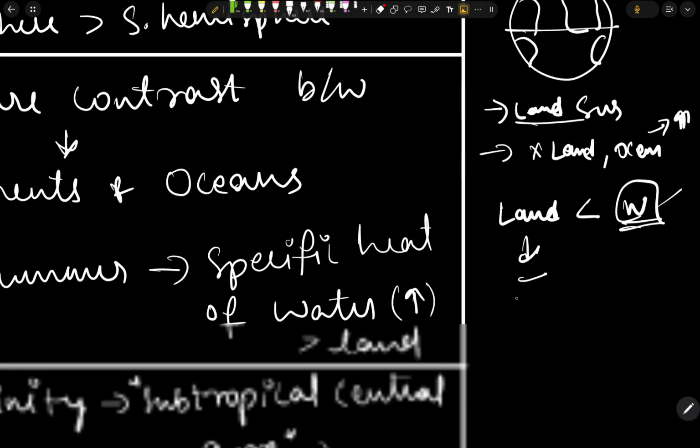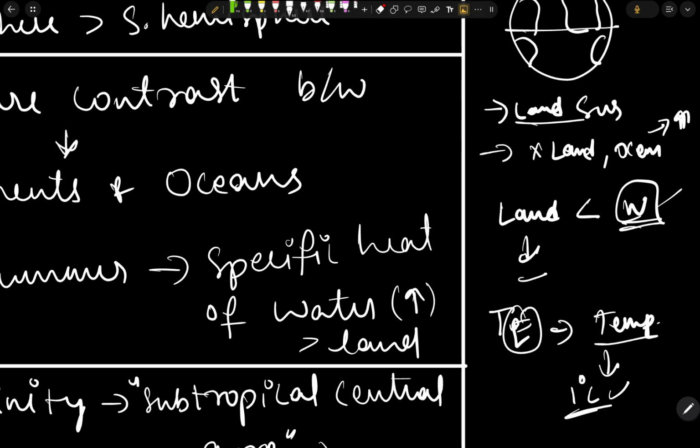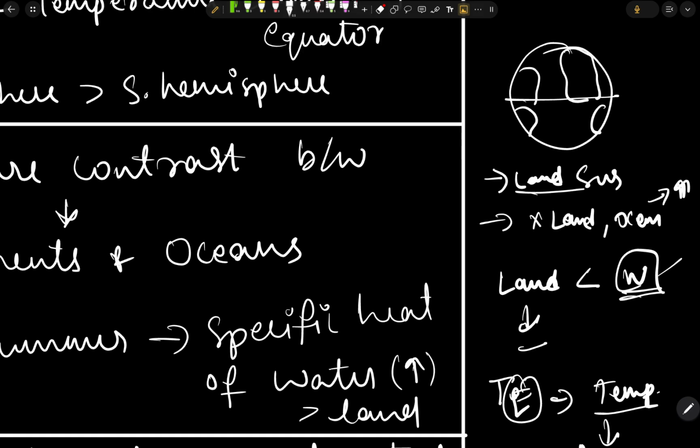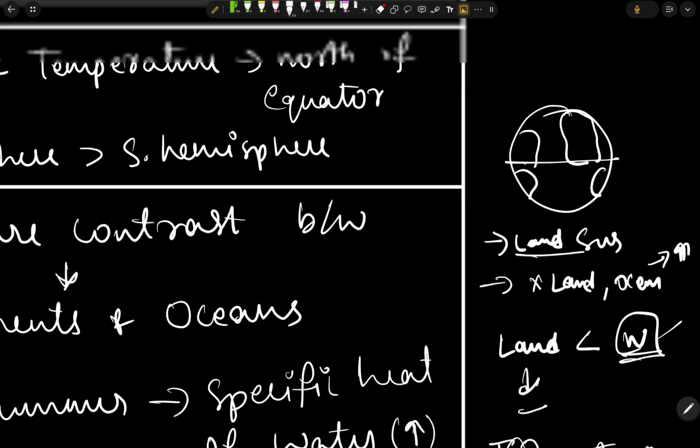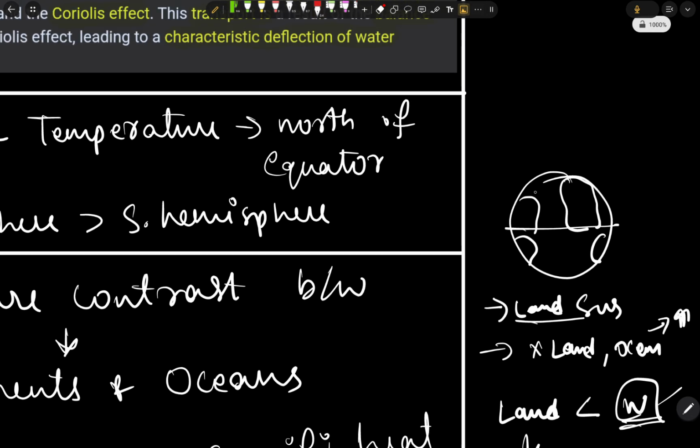So the definition of specific heat capacity is the energy required to increase the temperature of any object by 1 degree Celsius. Now let's see the concept. As the land has the lowest specific heat capacity, the land in the northern hemisphere gets heated up faster, as it has the largest land mass.